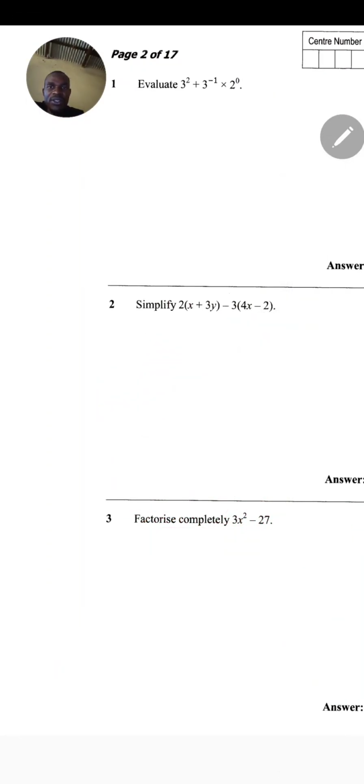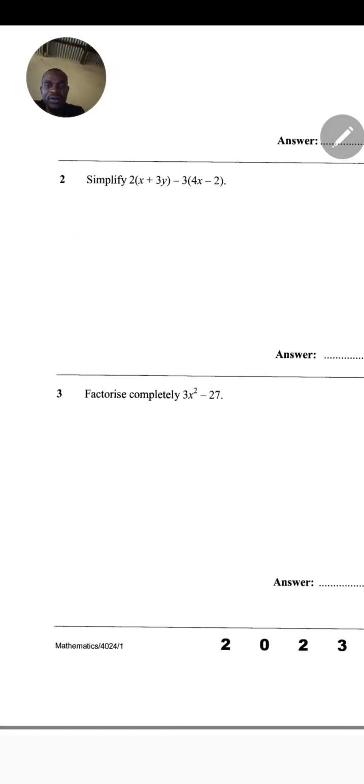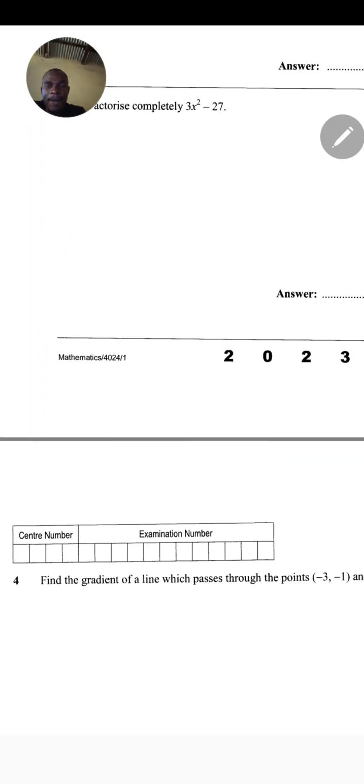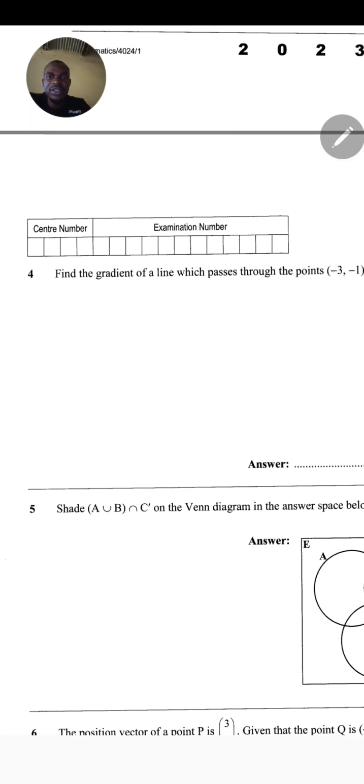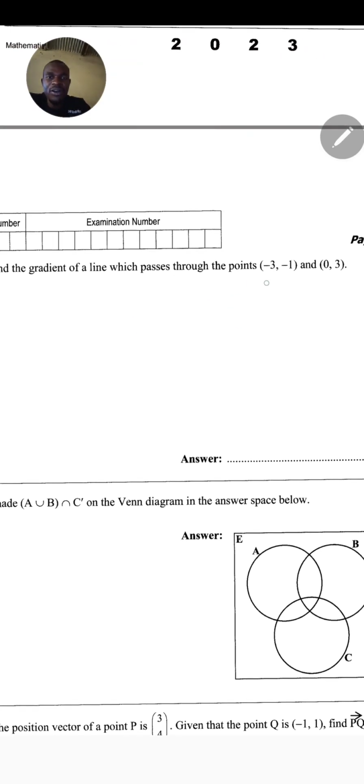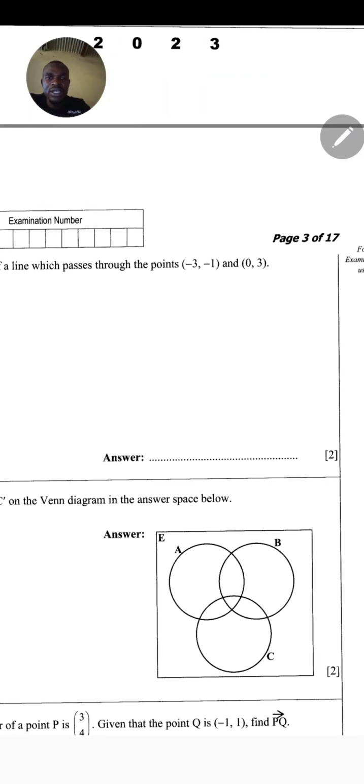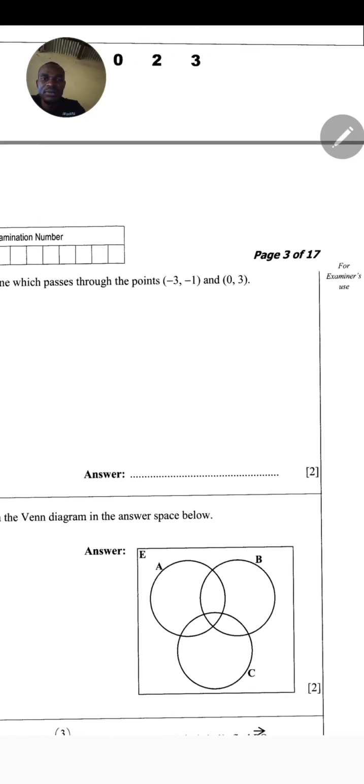All right, so we proceed on to the next question. The next question is: find the gradient of a line which passes through the points -3, -1 and 0, 3.